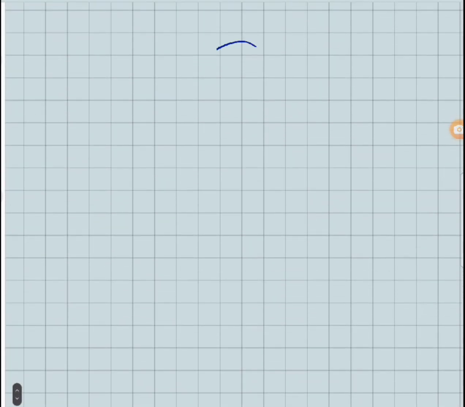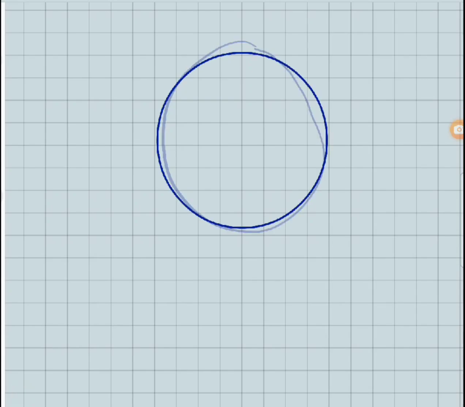Now, another theorem that we need to keep in mind is the two-tangent theorem. So let's say if we draw two tangents extending from a common endpoint.